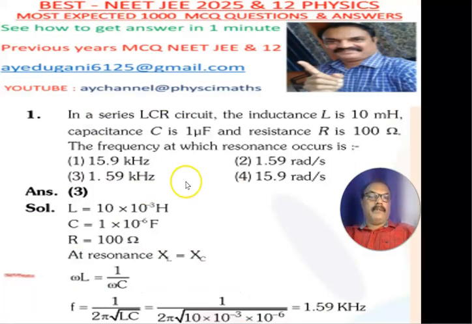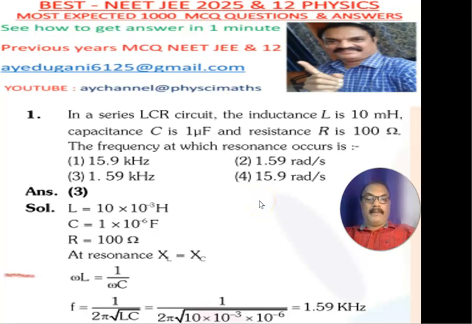Next question is, in a series LCR circuit, the inductance is 10 millihenries, that is 10 into 10 to the power of minus 3 henry. Capacitance is 1 microfarad and resistance R is 100 ohm. So these are all connected in series. Find the frequency at which the resonance occurs.